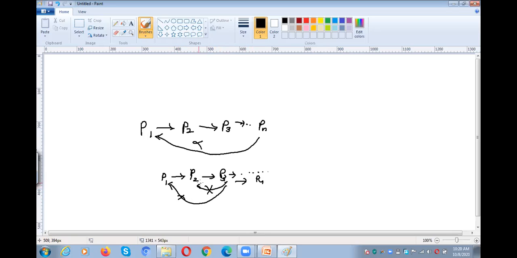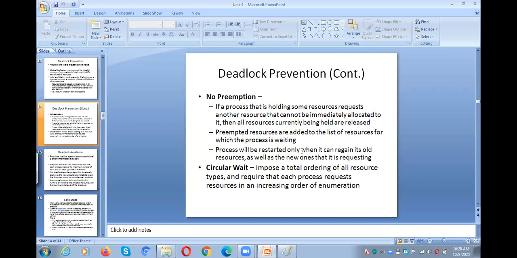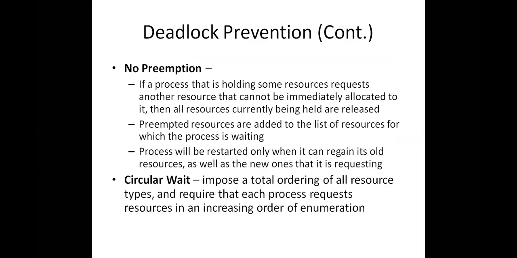They are not requesting those resources. P3 is not allowed to request the resource which is available at P2. Why? Because 2 is less than 3. Have you got my point? Like that, every time the process needs to request the resources in an increasing order of enumeration only.